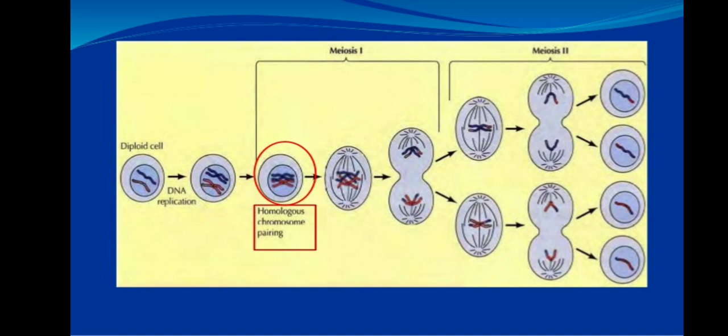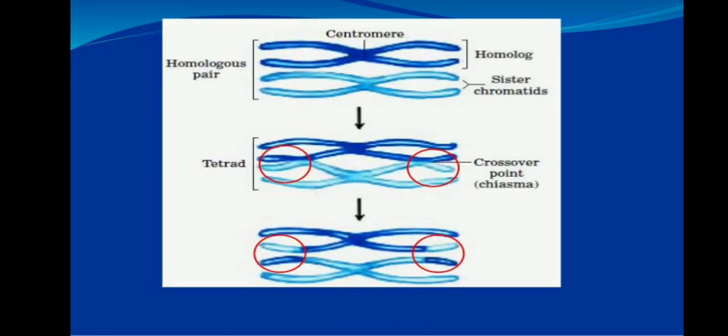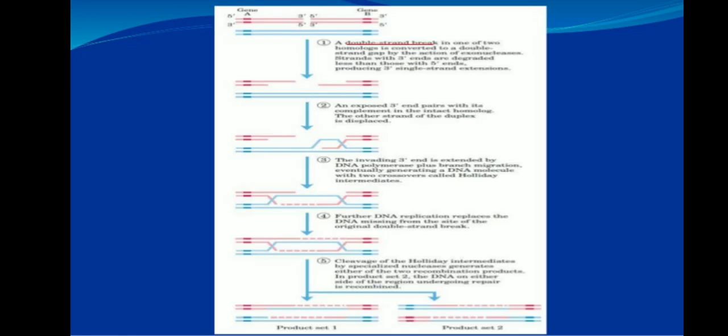Here you can see how recombination takes place during meiosis. The segments get exchanged, and these chromosomes become hybrid chromosomes as they exchange their segments. So how can this double-stranded DNA damage be corrected?